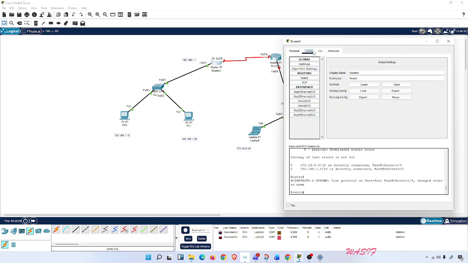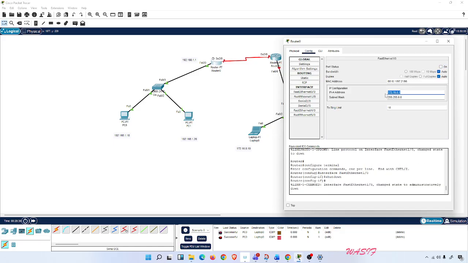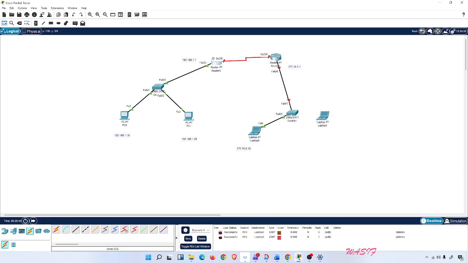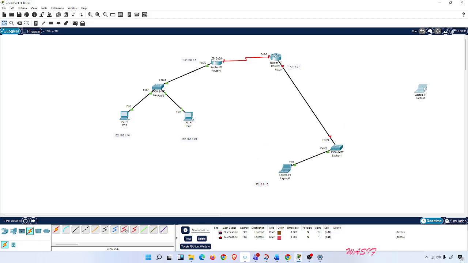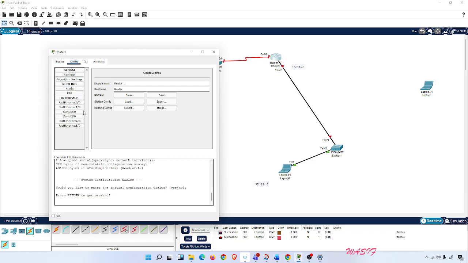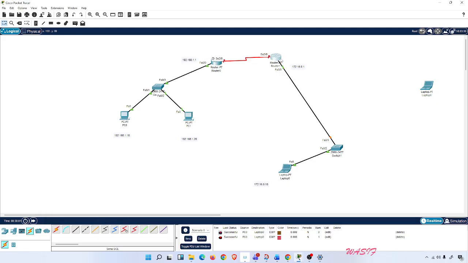First of all, let me remove this one, FastEthernet 1/0, I don't need this one. Turn it off and remove this address. Come here, FastEthernet 0/0, configure the IP address here, turn on the interface, this is done.